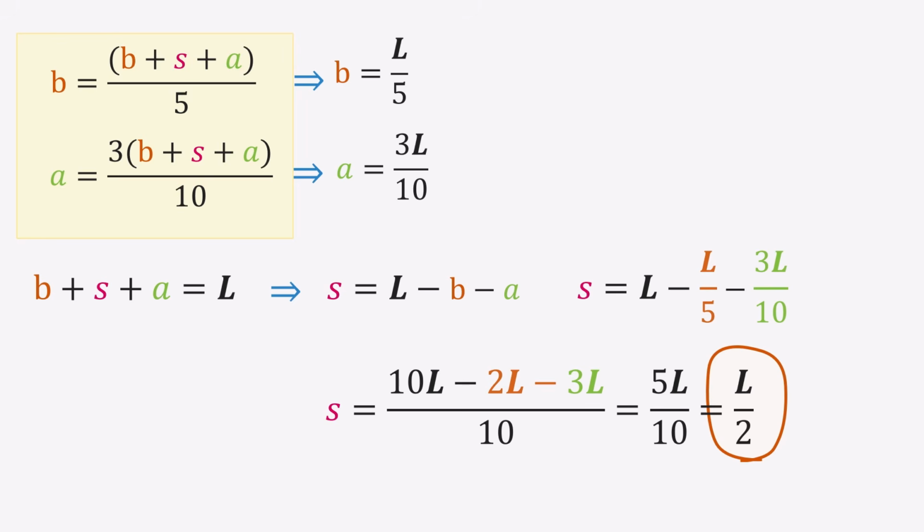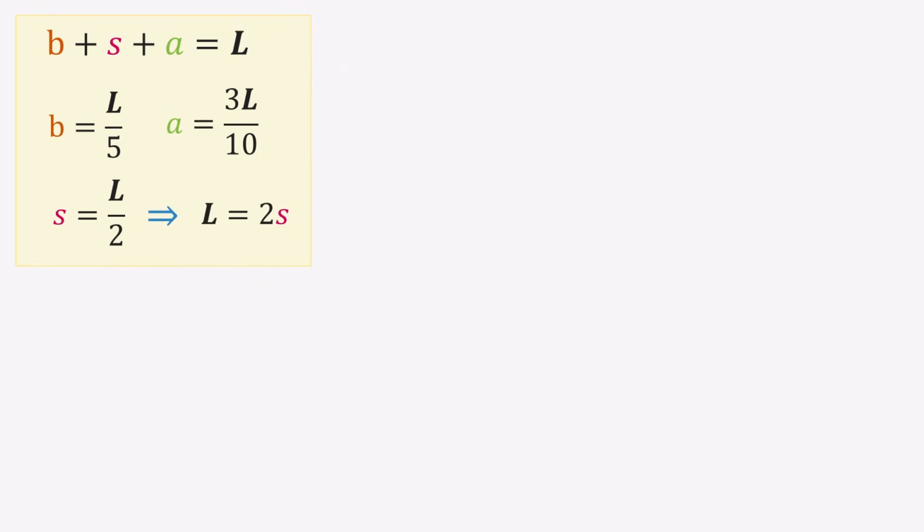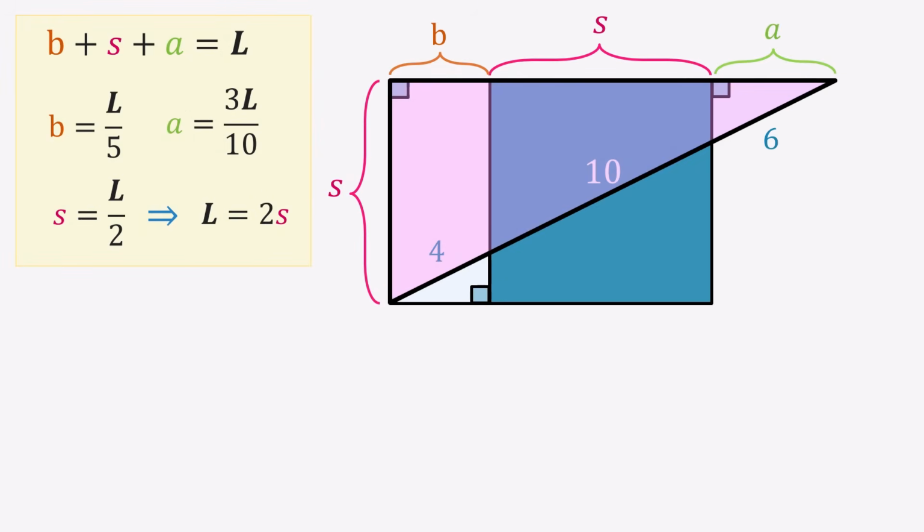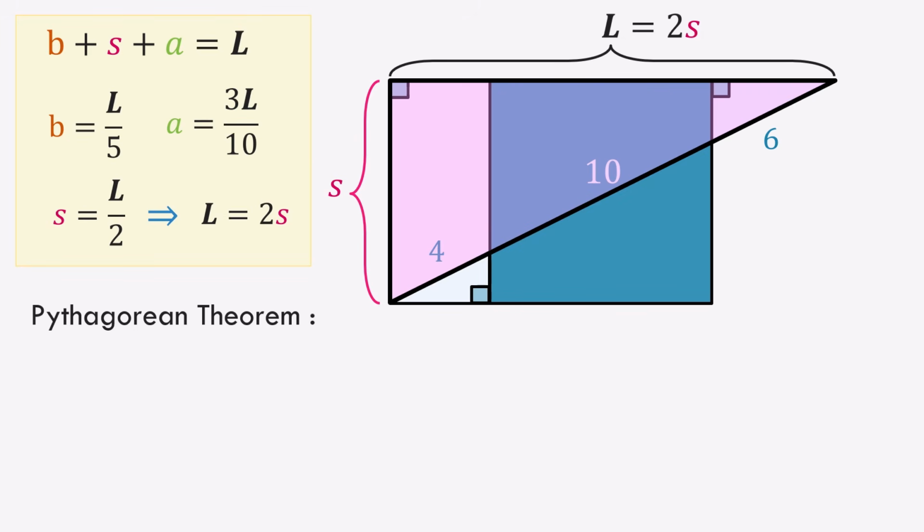And this is extremely important, because now we've discovered L is equal to 2S, meaning the entire horizontal length is exactly twice the side length of the square. It's finally time for the Pythagorean theorem. Look at the large triangle. Its hypotenuse is 20. Its horizontal side is 2S, and its vertical side is S. So, by the Pythagorean theorem, 2S squared plus S squared equals 20 squared.